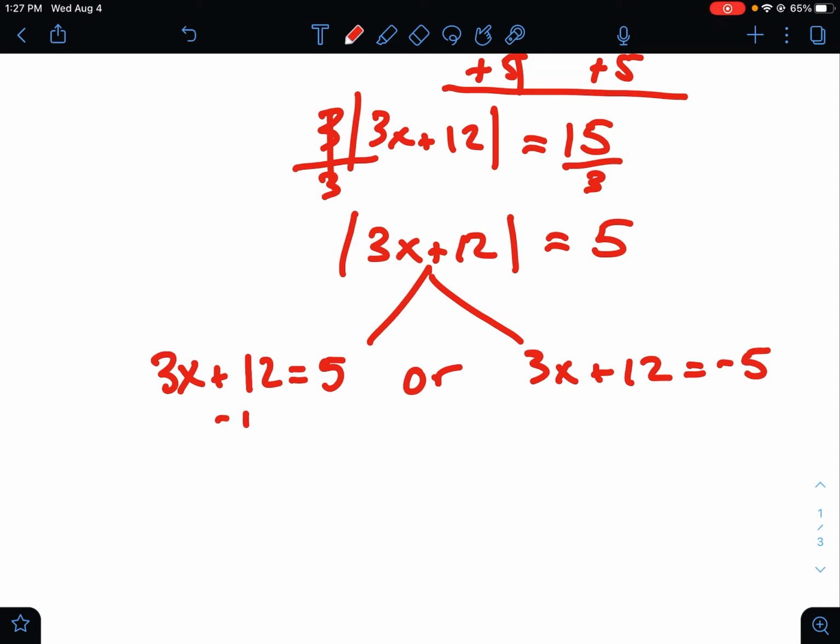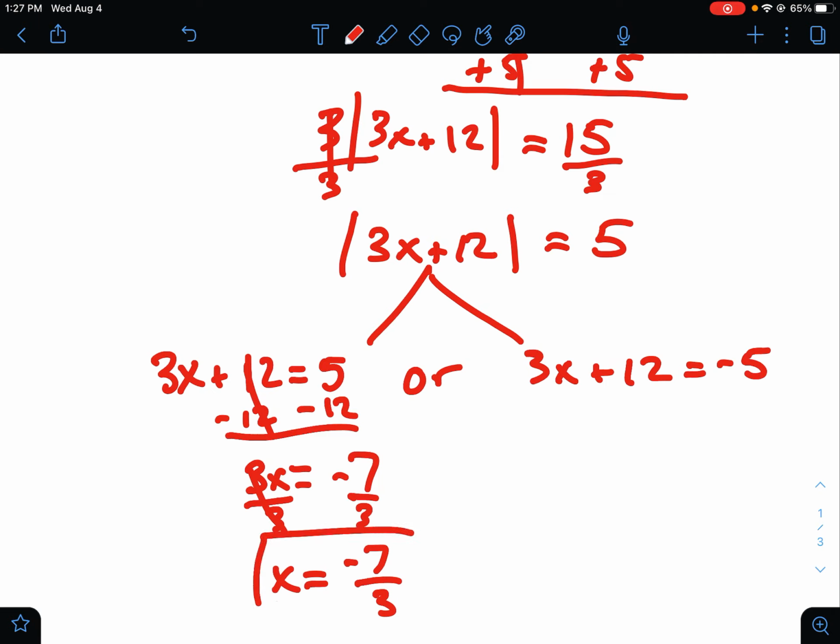And so we solve. Okay, subtract the 12. I got 3x equals, 5 minus 12 is going to be negative 7. So I end up with, over here, just x equals negative 7/3.